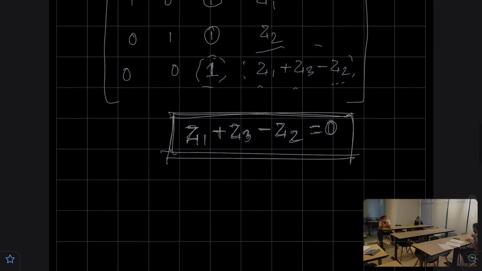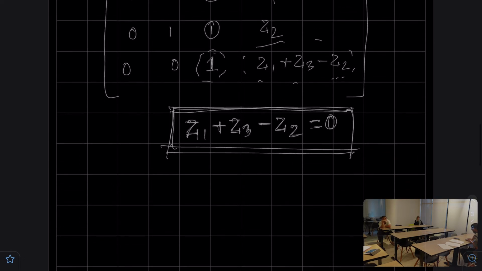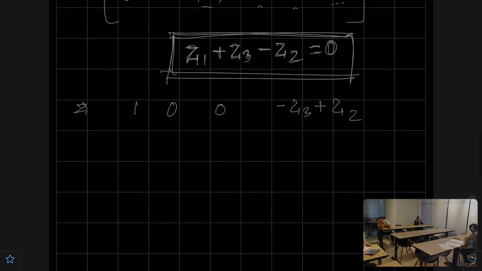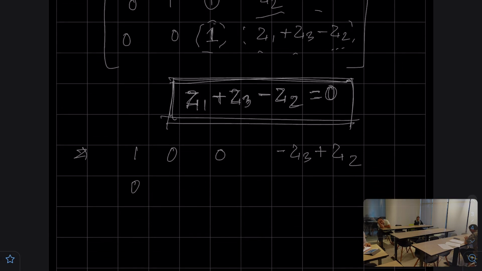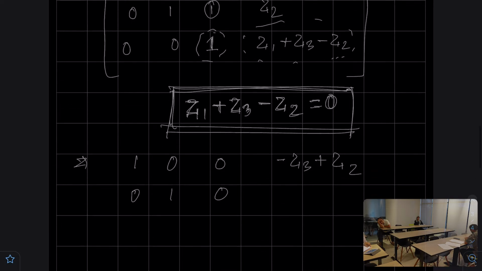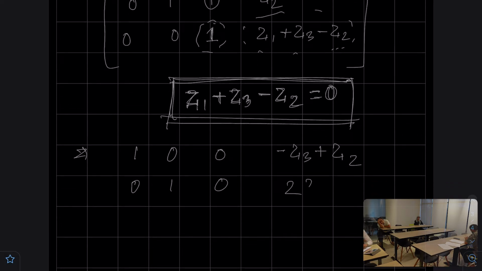So let me write it explicitly: 1, 0, 0, Z1 minus Z3 plus Z2, then 0, 1, 0, 2Z2 minus Z1 minus Z3.